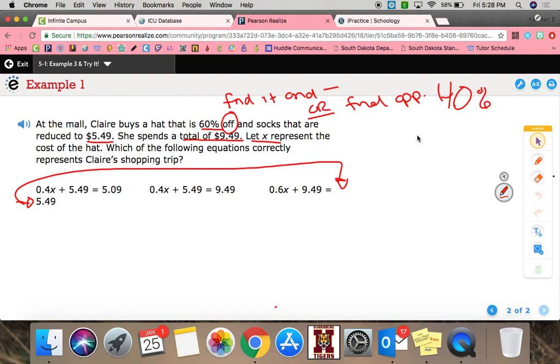So we know the total has to be $9.49, which really narrows it down because this is the only one that says equals $9.49. Here's the socks, that's right, and here is 40% of the hat. We didn't find it and subtract anything, so the opposite would just be to find 40%. Okay, so 5.1 is all about writing expressions, turning the words into equations.